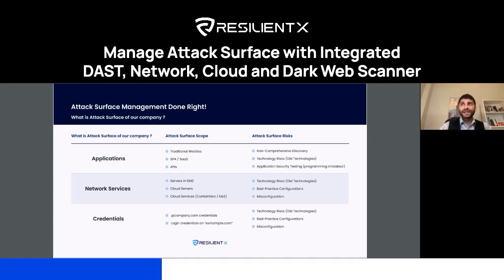So talking about the attack surface risk and the credential risk, all those old risks, plus many other risks such as phishing and smishing, the different types of risk can actually have an impact on your credentials. So in case, for example, you have an unpatched service on your network services or on your web applications, it can actually result in a credential leak.